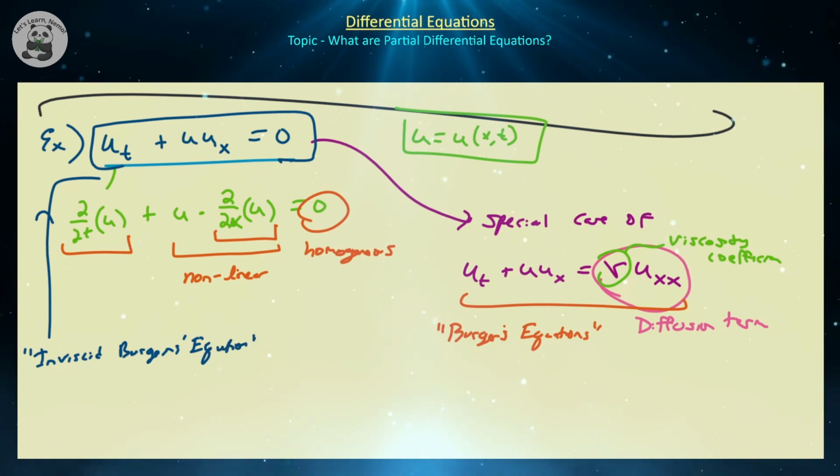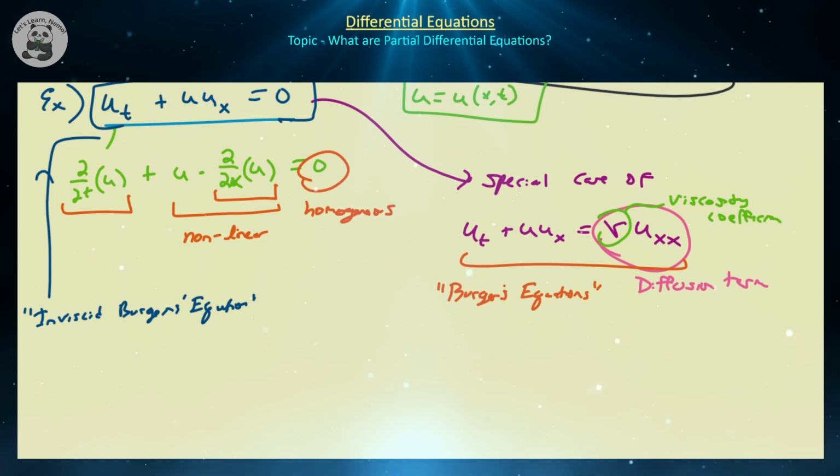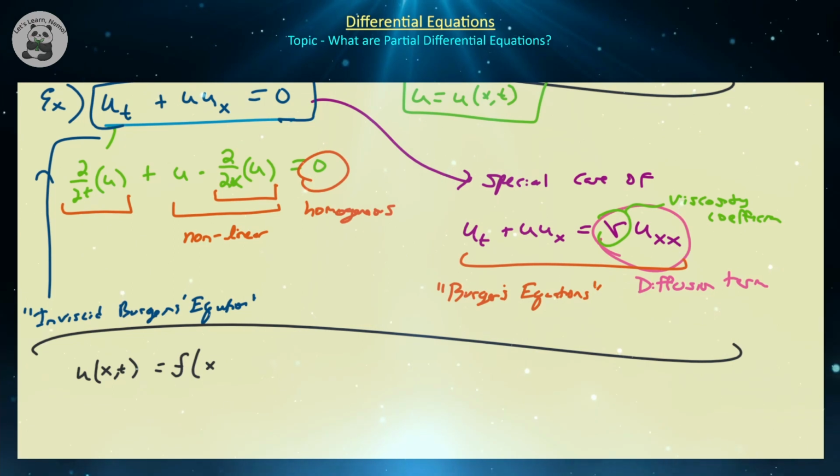So the inviscid Burger's equation is just a homogeneous Burger's equation where the viscosity coefficient is equal to 0. So what I'm going to do is I'm going to propose that the solution to the inviscid Burger's equation is of the form f of x minus u t.